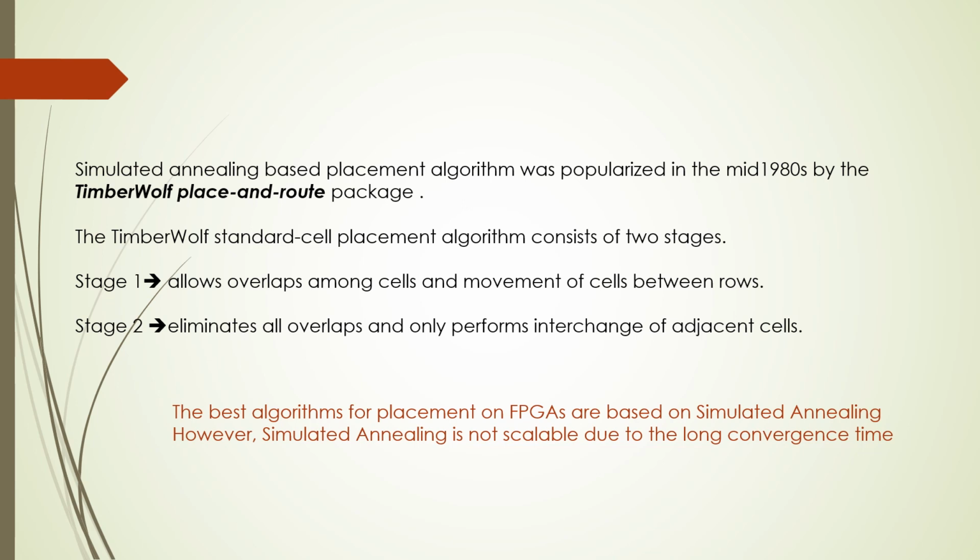Row-wise movement of swapping is possible. And the second stage eliminates all overlaps and only performs the interchange of adjacent cells. Through these two stages the simulated annealing process finally results in optimum cost.